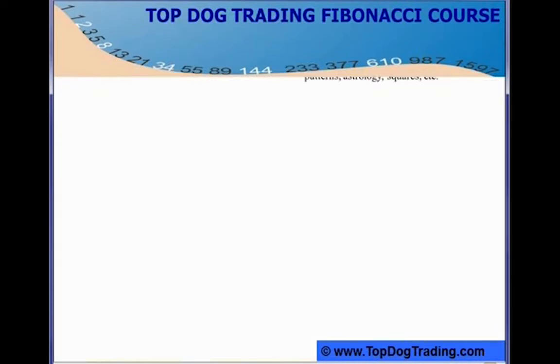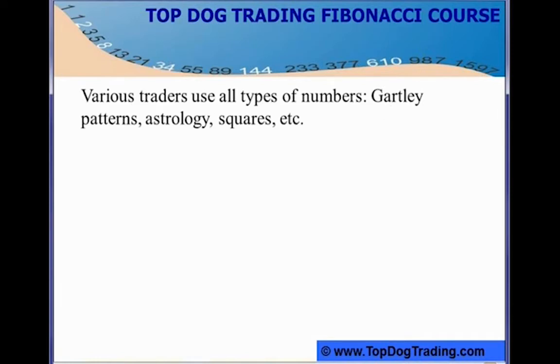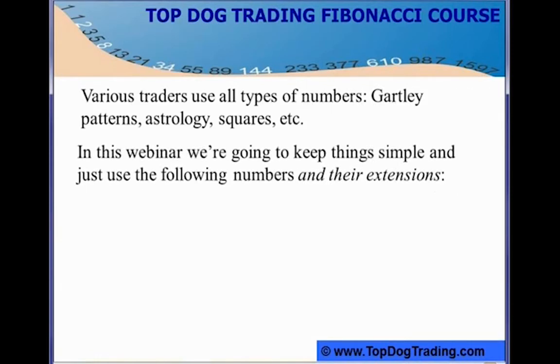And this is how they came up with Fibonacci numbers. There are various other kinds of mathematical numbers and geometrical patterns that are talked about in trading, Gartley patterns, astrology, squares, etc. But in this webinar, we're going to just use these ratios and their extensions.